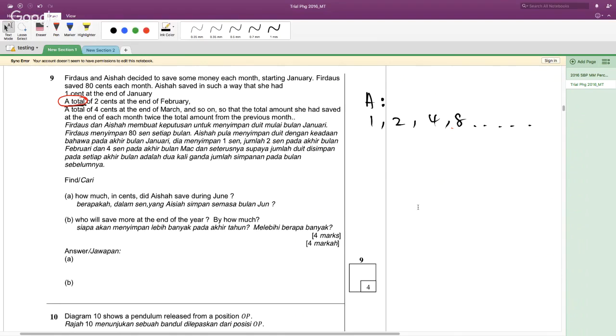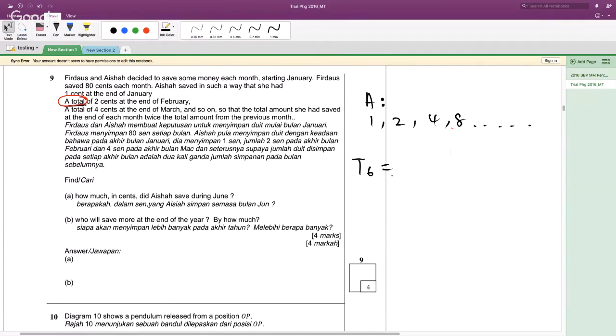All right. So find how much in cents A saved during June. So what I will do is I will just do T6, because T6 means I want to find the sixth term now. I cannot use S6 because you were very confused with the S formula. T6 means the sixth term over here.